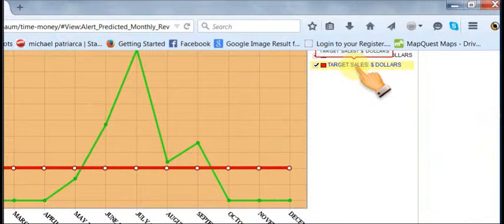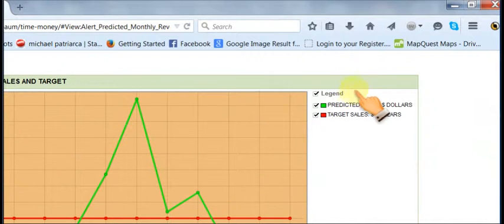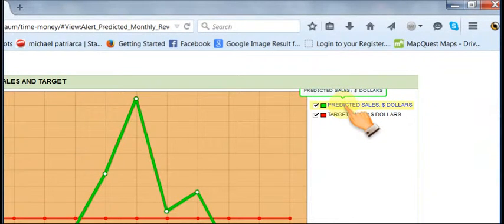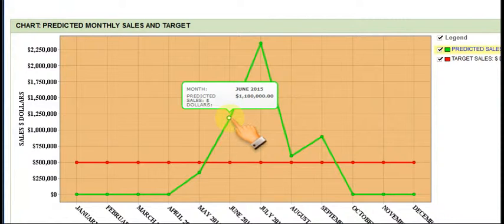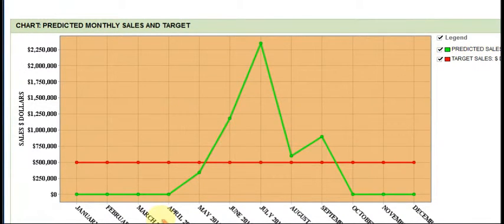It displays the total target revenue for each month in red. Just scroll up a bit here. And it displays the total revenue of opportunities predicted to be closed in each month from the run optimization simulation in green. And again, scrolling over every particular point will give us the detailed information.